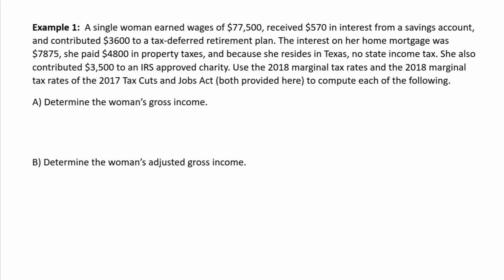She paid $4,800 in property taxes, and because she resides in Texas, no state income tax. She also contributed $3,500 to an IRS-approved charity. Use the 2018 marginal tax rates prior to the tax cut and the 2018 marginal tax rates of the 2017 Tax Cuts and Jobs Act, both provided here, to compute each of the following.